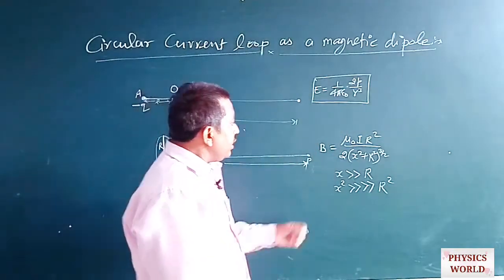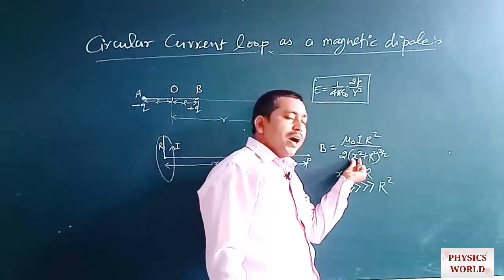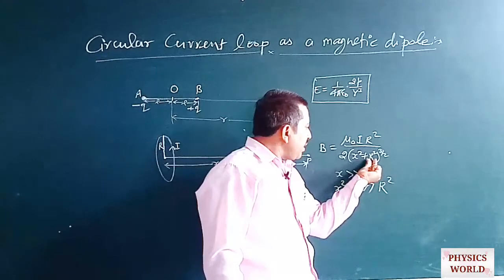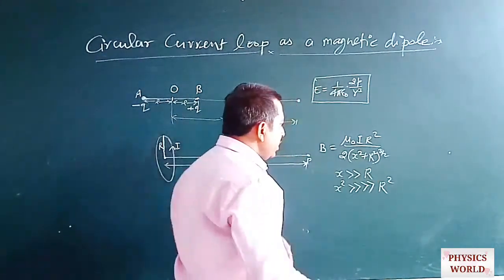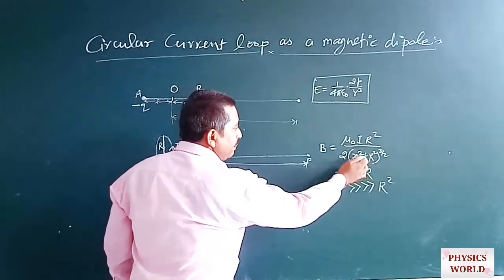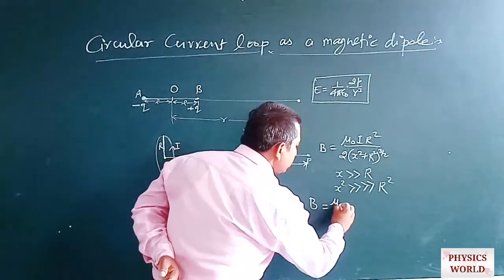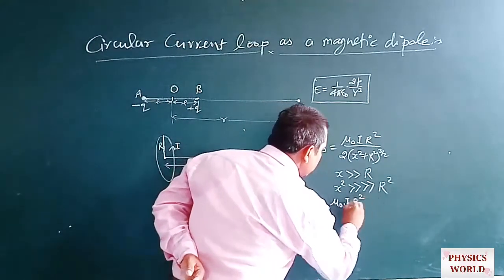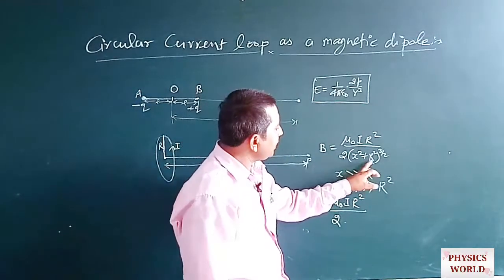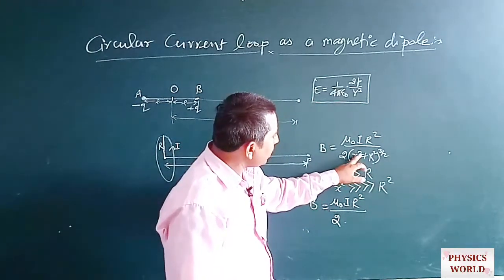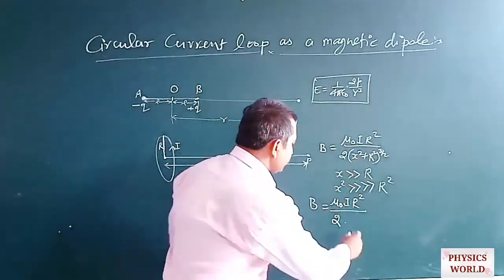So if we add or subtract this r square in the x square, then the term r square does not affect the value of this x square. So this can be taken as negligible in comparison to x square. So this B becomes mu 0 I r square divided by twice of x square whole power 3 by 2, 2 and 2 will cancel each other here, this becomes x cube.